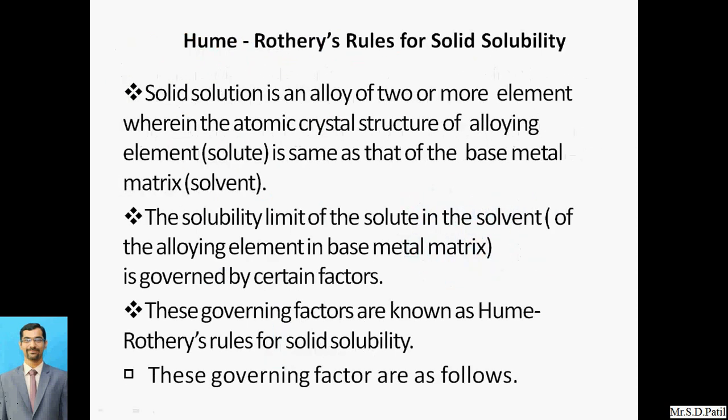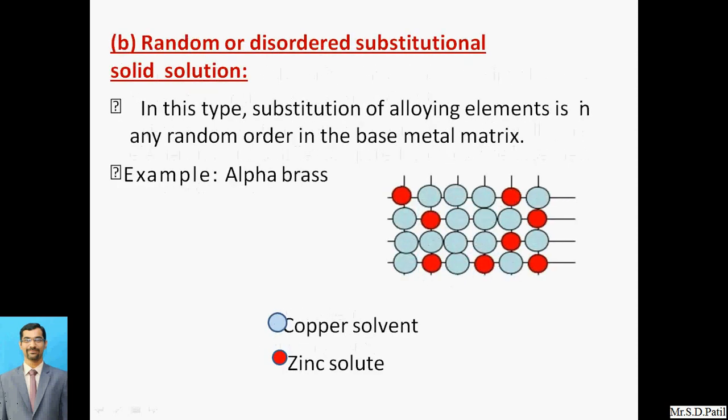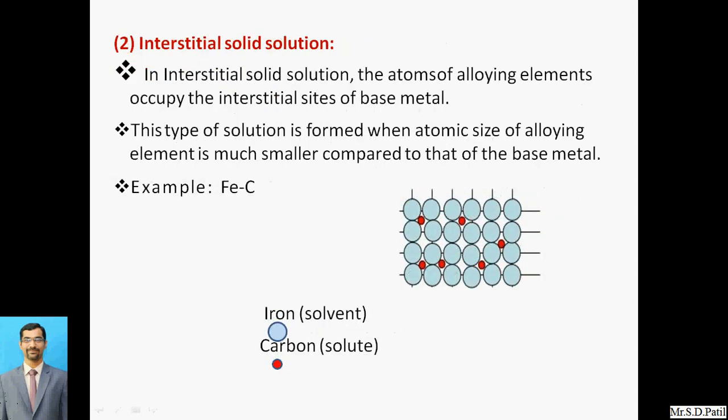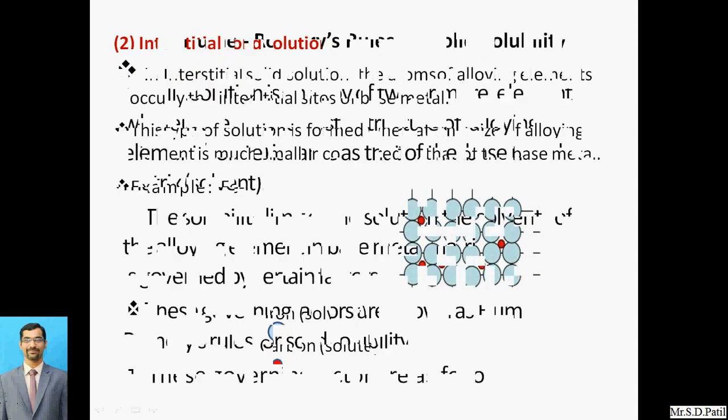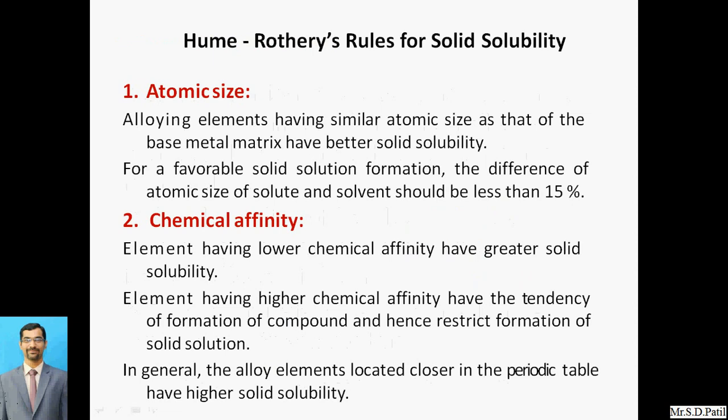Then we saw the interstitial solid solution, which is quite similar to the random kind of structure, with the one difference that the atomic size of the alloying element is much smaller than the base metal. But if the atomic size varies beyond the Hume-Rothery rule, then it does not have good solid solubility.